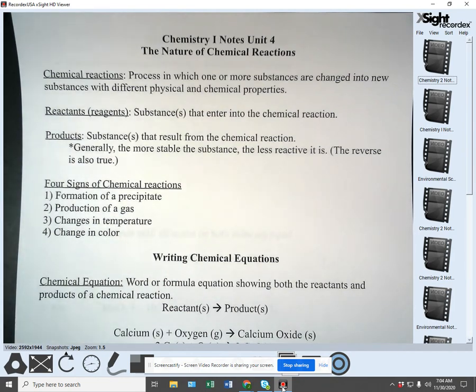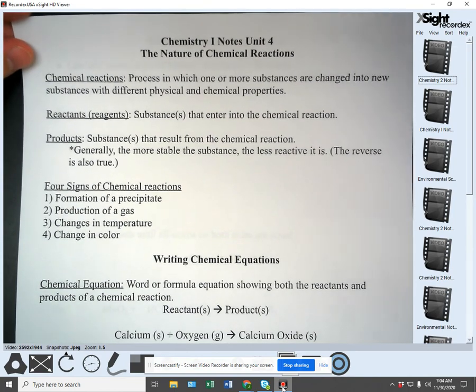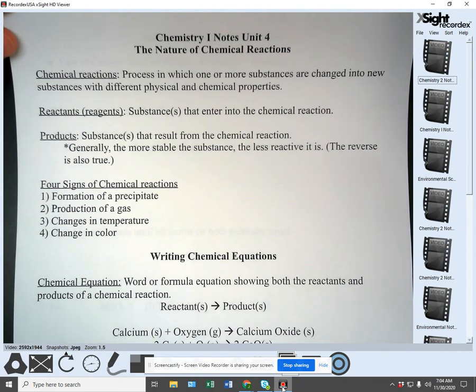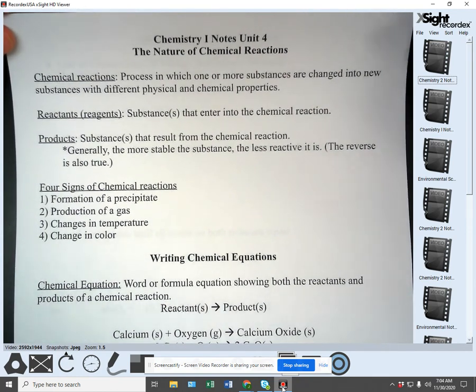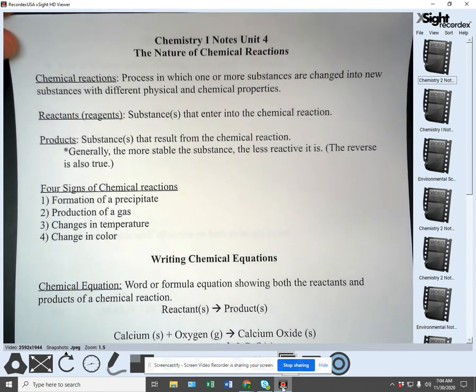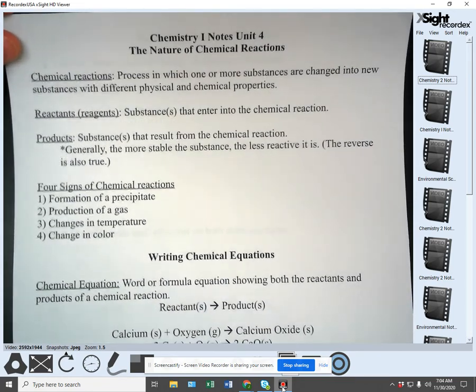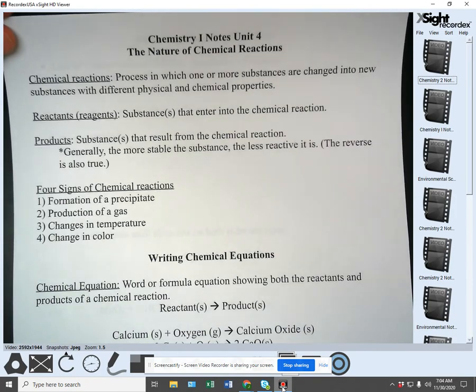The reverse is also true. Take something like your acids, hydrochloric acid or sulfuric acid. They're very reactive because as compounds they're not very stable, so they react with a lot of things because through the reaction they become more stable.